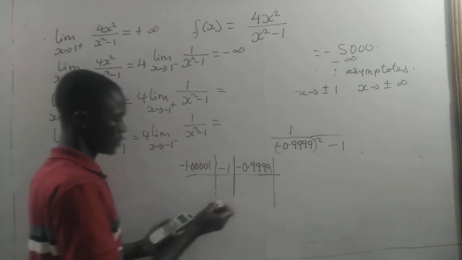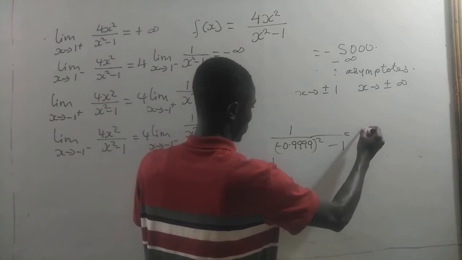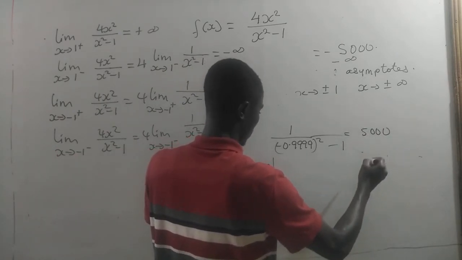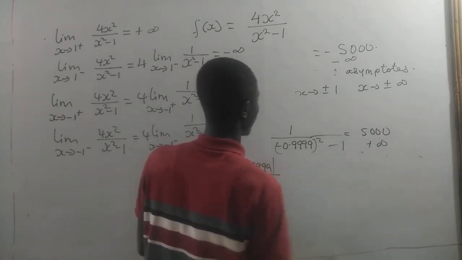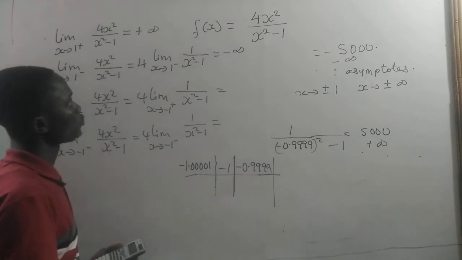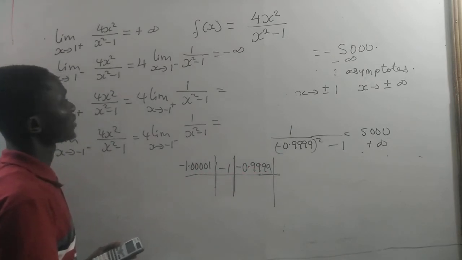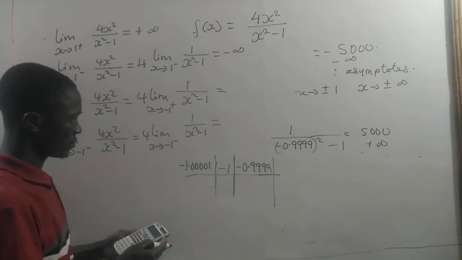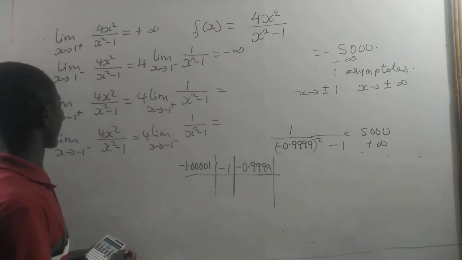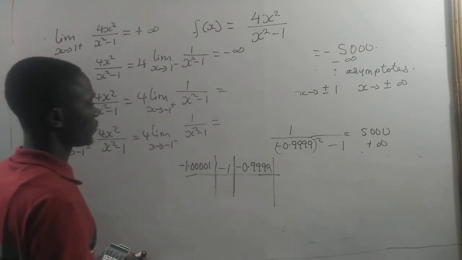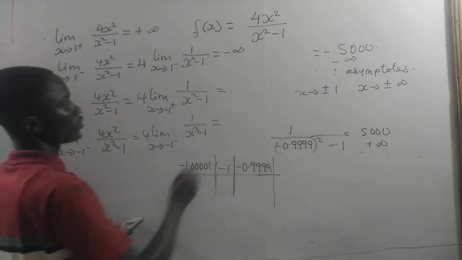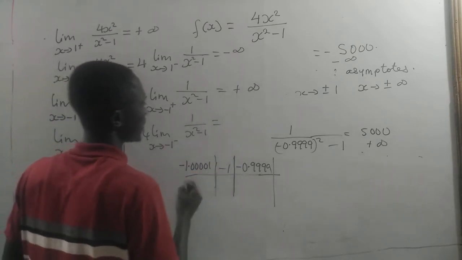And this one will go to 1, 2, 3, and that is positive infinity. So it will go to positive infinity. That is on the right of -1. This one will go to positive infinity.